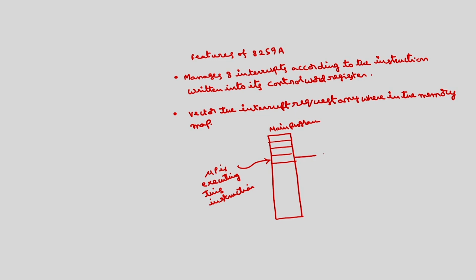If some interrupt occurs at that time, the microprocessor completes the execution of the current instruction, saves the contents of the instruction pointer onto the stack, and then jumps to a location called the interrupt branch address, which is the starting address of the interrupt service subroutine.